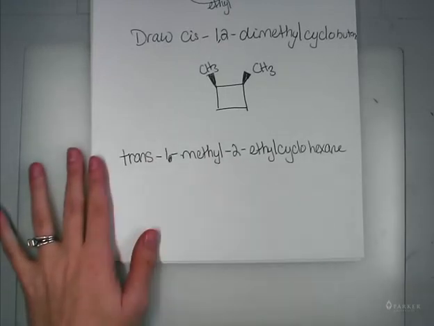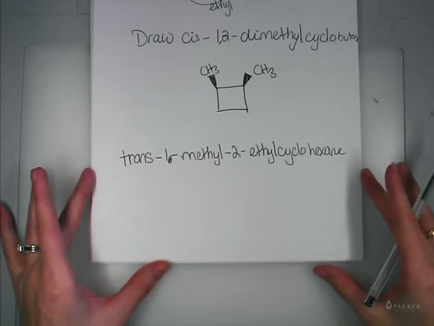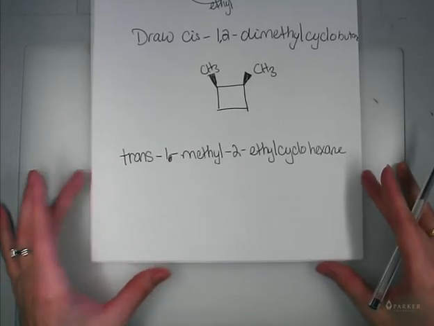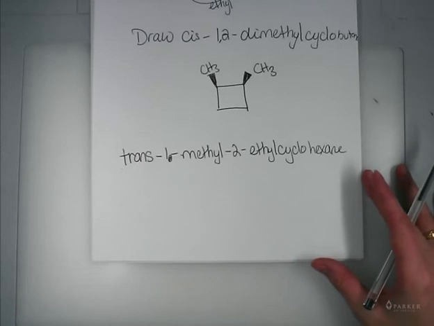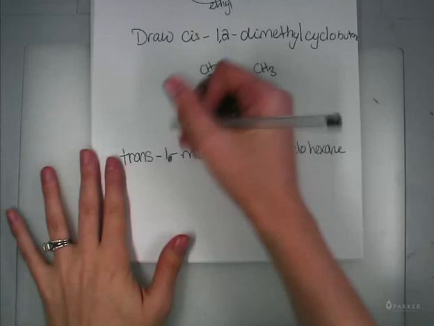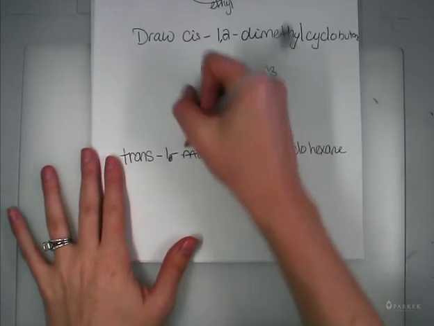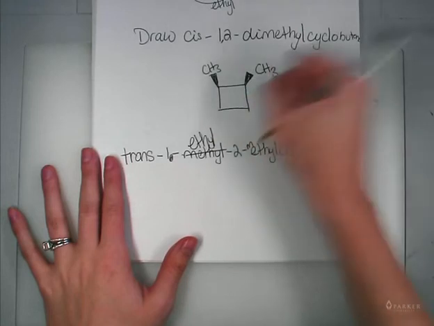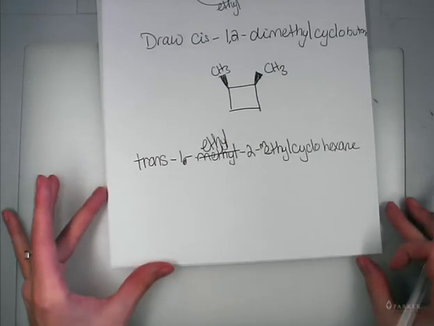Okay, what does trans tell us in a chair structure? Not the same, but opposite. Back there, yeah? It is, because I'm making it up in my head. Ethyl, I'll just switch those and then put an M there.